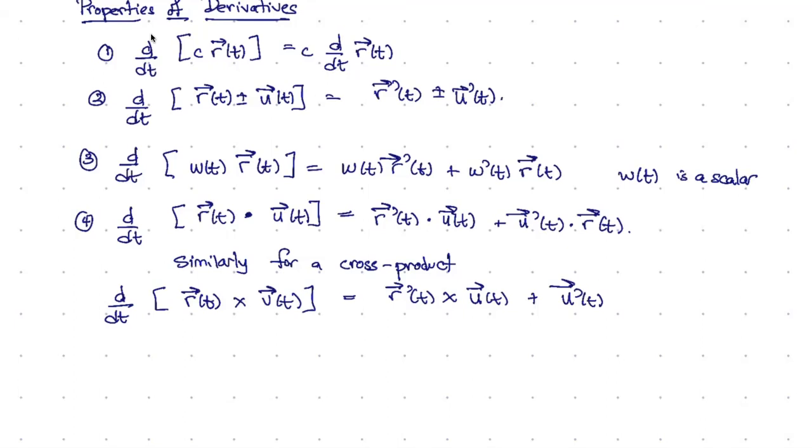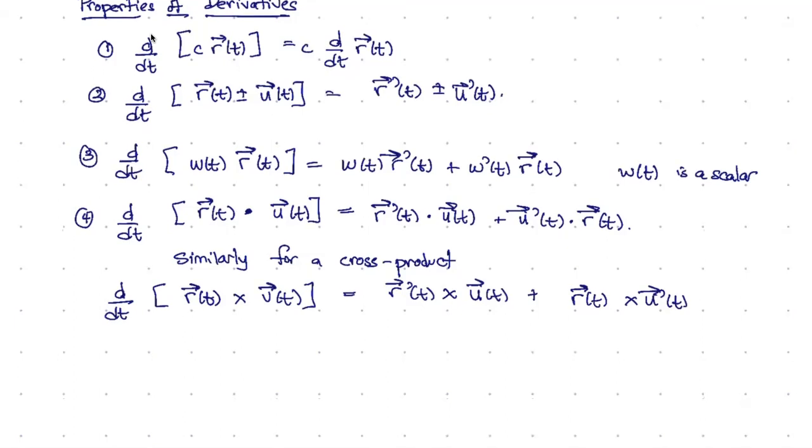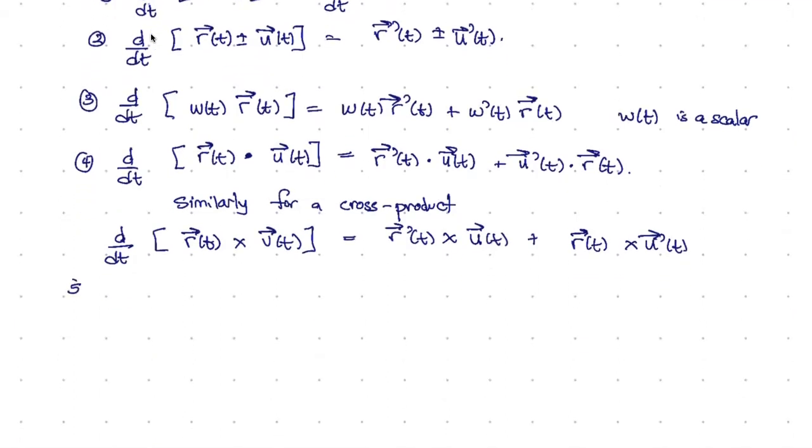Sorry, order does matter in this particular case. If you had a vector valued function composed with a scalar valued function, you would find r prime of w of t multiplied by w prime of t.